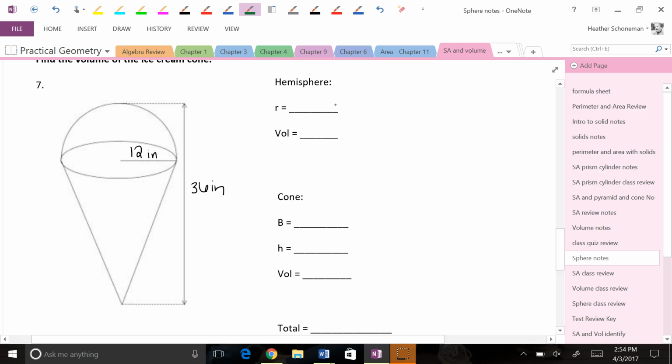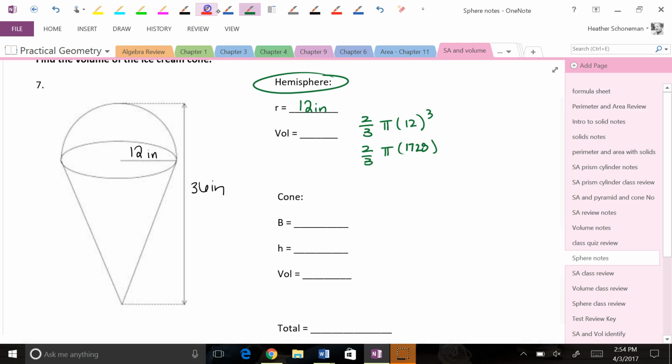Radius of the hemisphere. That's 12 inches. Volume of the hemisphere. Well, hemisphere we know is 2/3 pi times the radius cubed. So we got 2/3 pi, 12 cubed is 1728.